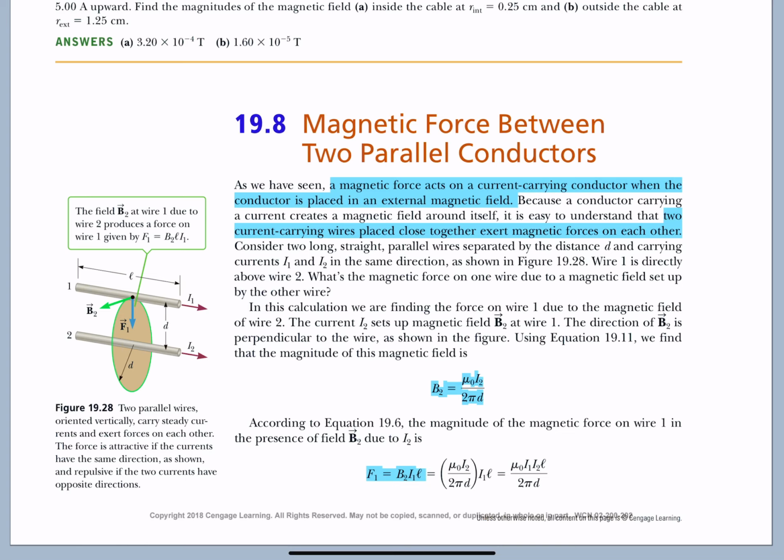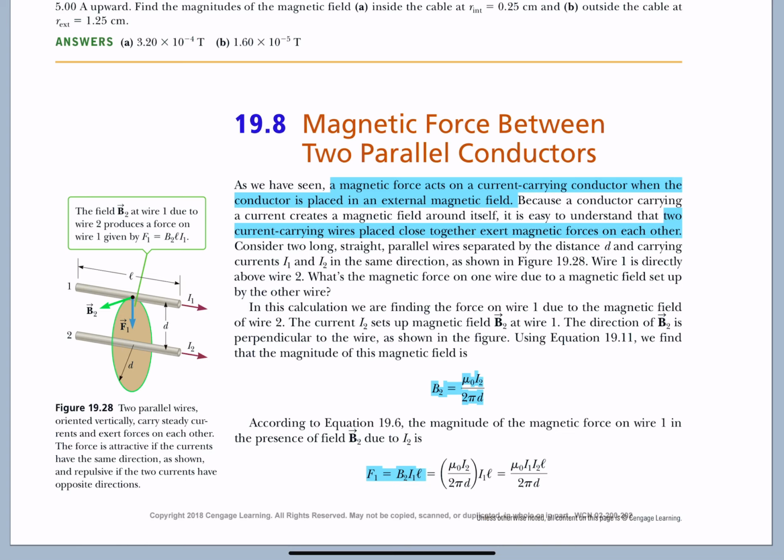When we do that, we get the equation at the very right that says the force that wire number 1 is going to experience equals mu sub naught, that's the permeability of free space.